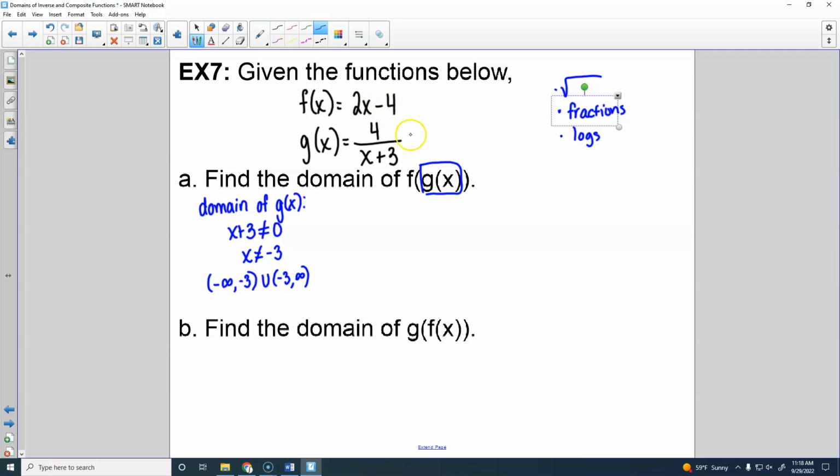Okay, so now I'm going to do f of g of x. f of g of x is going to be 2 times 4 over x plus 3, minus 4.